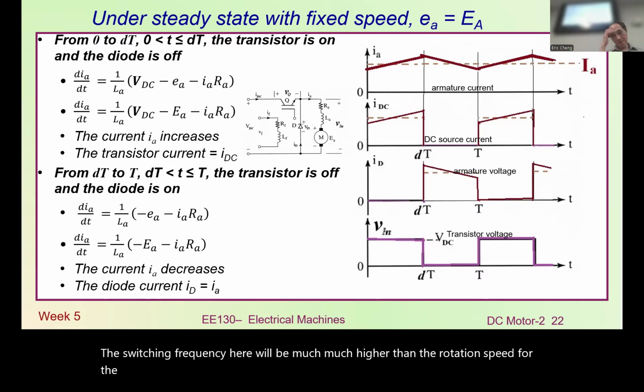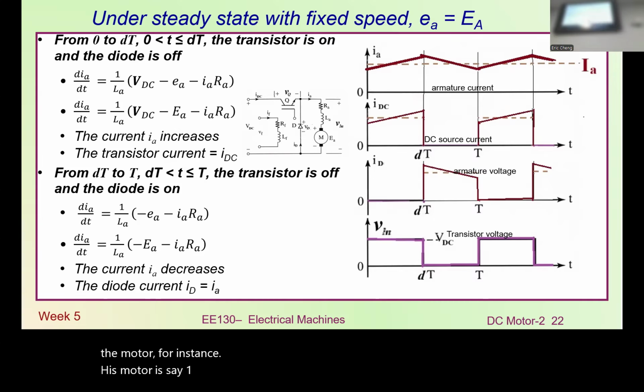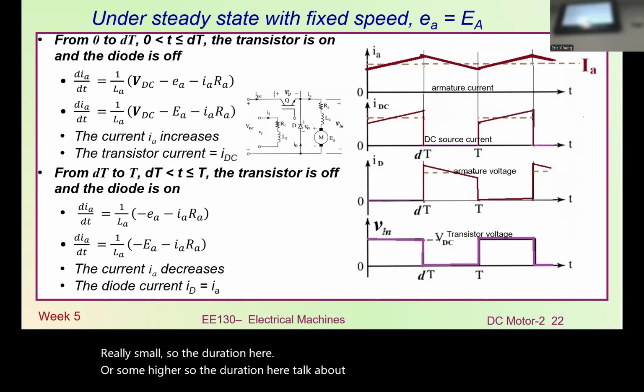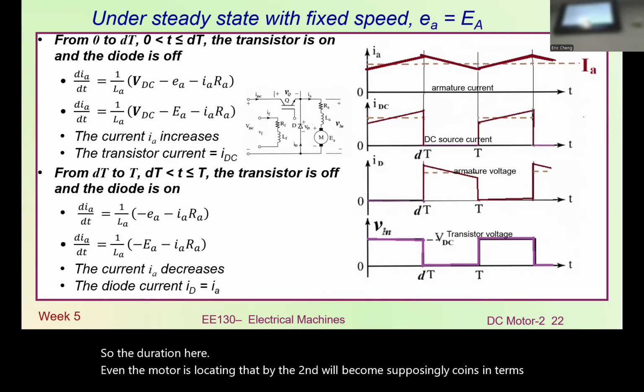For instance, if the motor is say 1000 RPM, every second will be something really small. But the switching frequency here can be 20 kilohertz or even higher, so the duration here is on the order of microseconds. Even when the motor is rotating, a millisecond will be something we can treat as constant in terms of motor rotation.